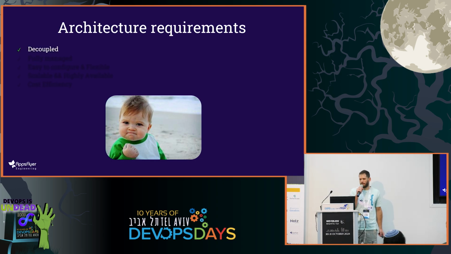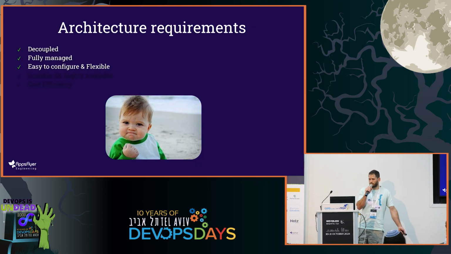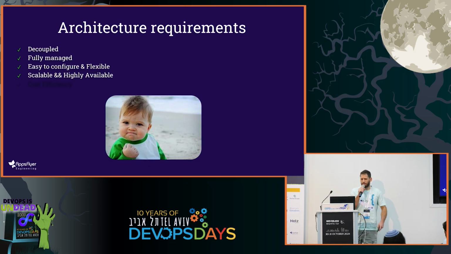So we'd like the components to be decoupled so we can modify them, change them as we'd like. We'd like everything to be fully managed, so we don't have to deal with all the maintenance of servers and containers. Of course, it has to be easy to configure and flexible. If we want to allow more CPU, allocate more memory, it should be easy. And of course, scalable and highly available, talking lots and lots of data.